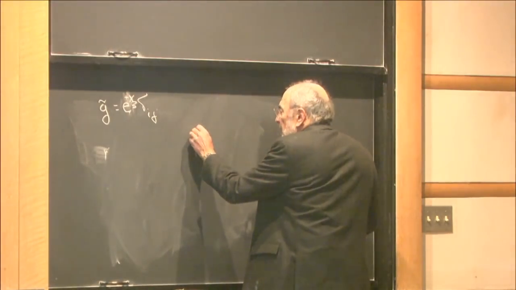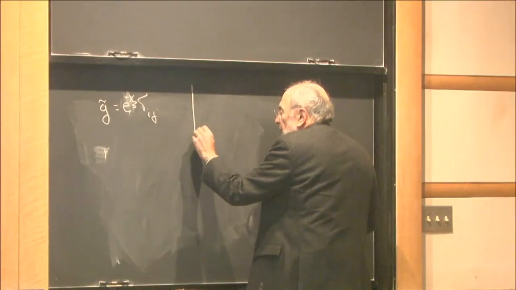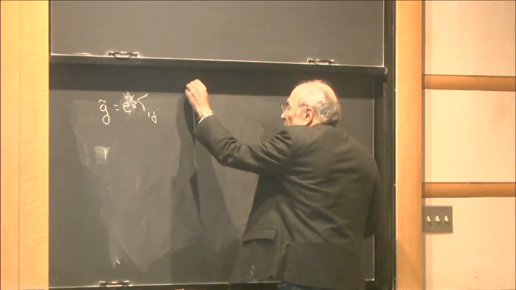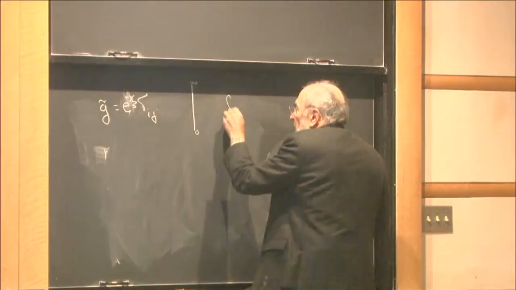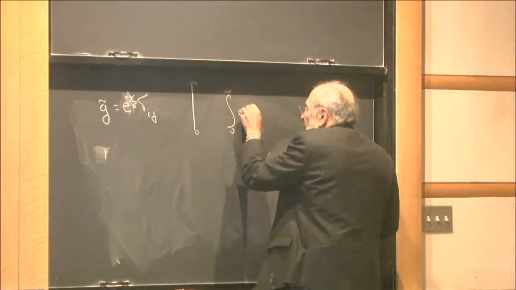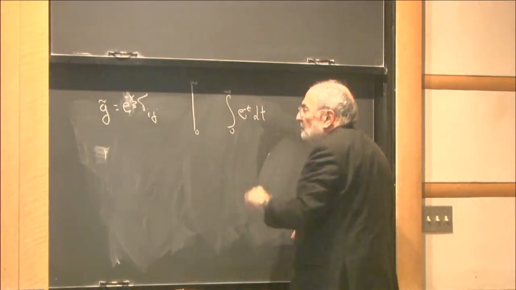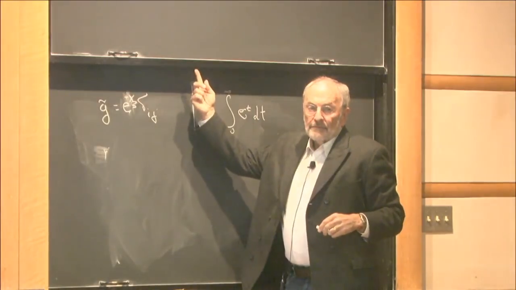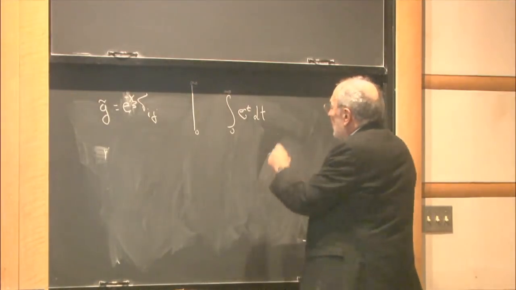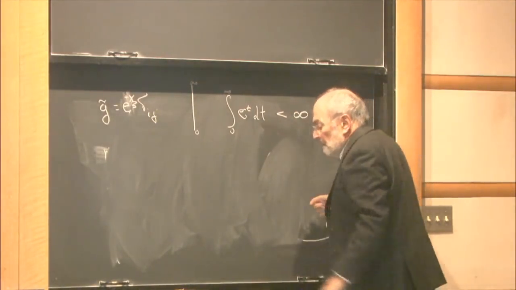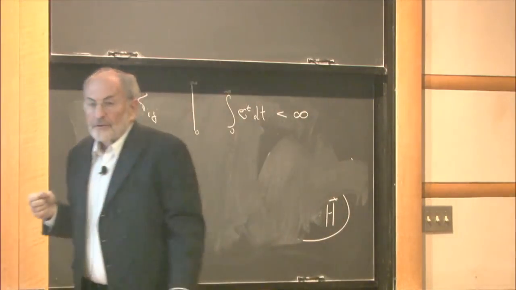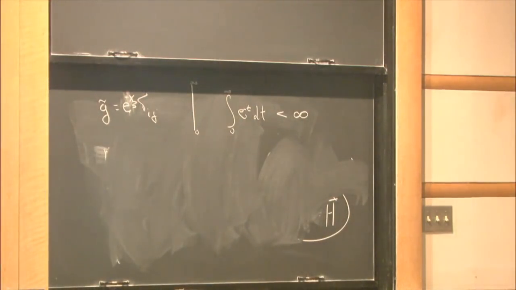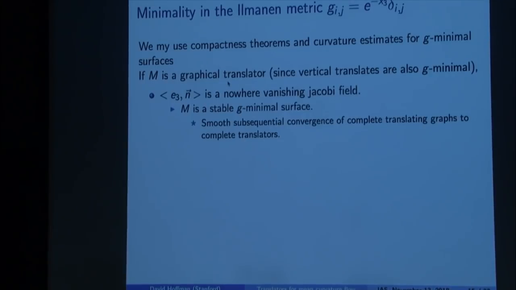If you take a vertical curve, let's say something starting at the origin and going to infinity, the integral from 0 to infinity of e to the minus t dt, that's a curve that's divergent, but its length is finite. This metric also has non-positive curvature. We have not had a single use of that fact, but it bugs me that we don't.